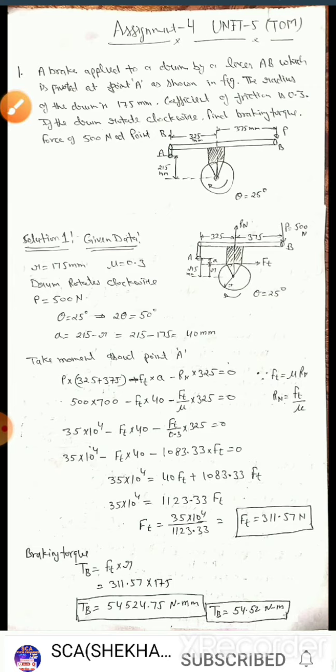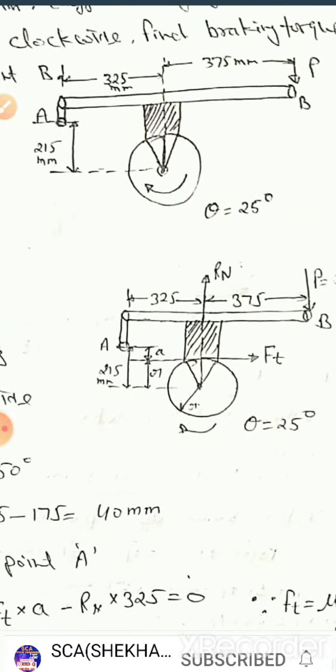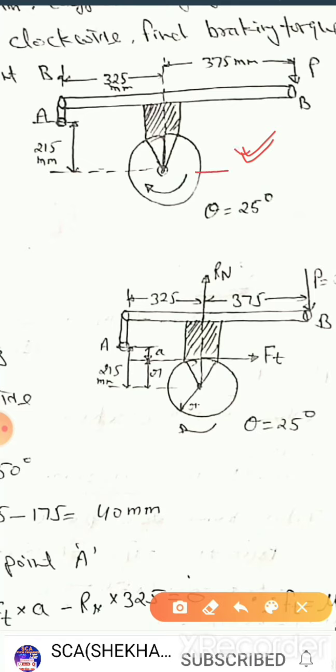Now see in the figure. This is the given figure. Here this is the axis of rotation of the wheel, or center of rotation of the wheel.